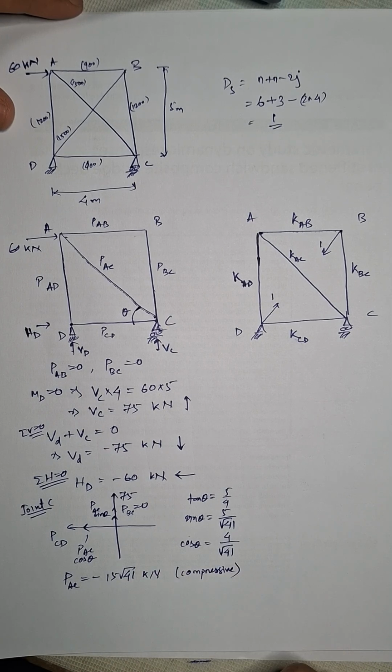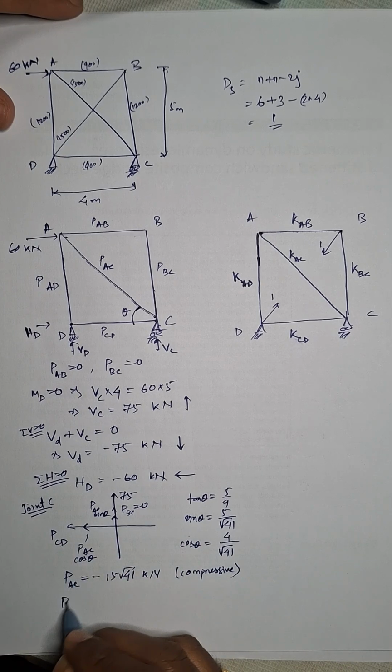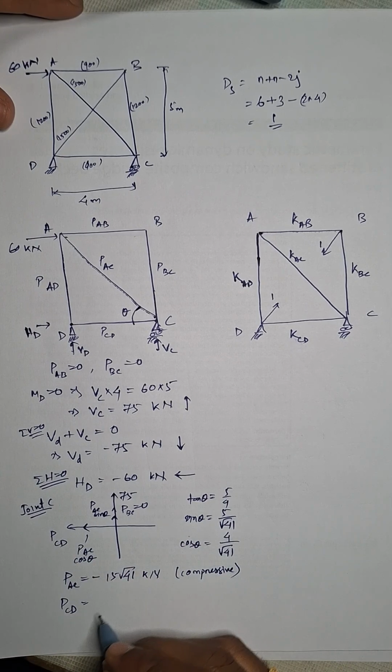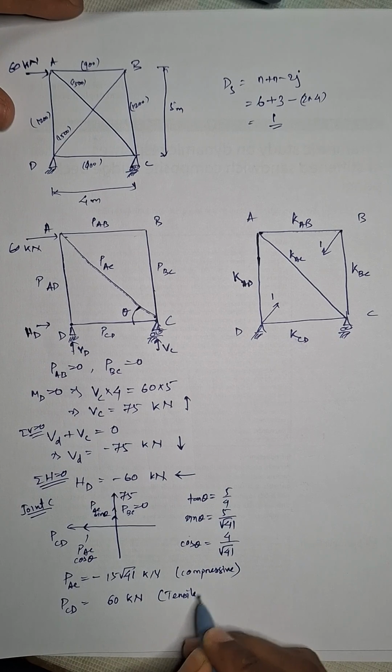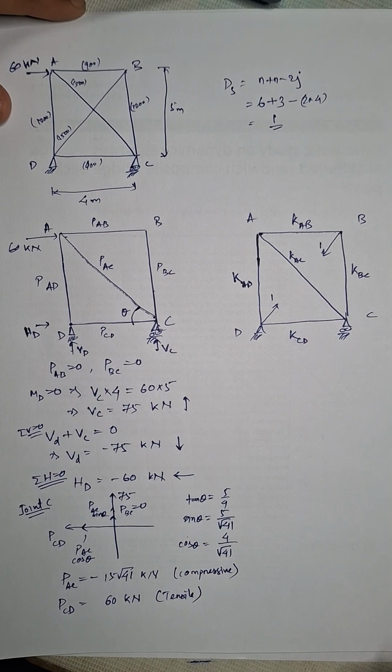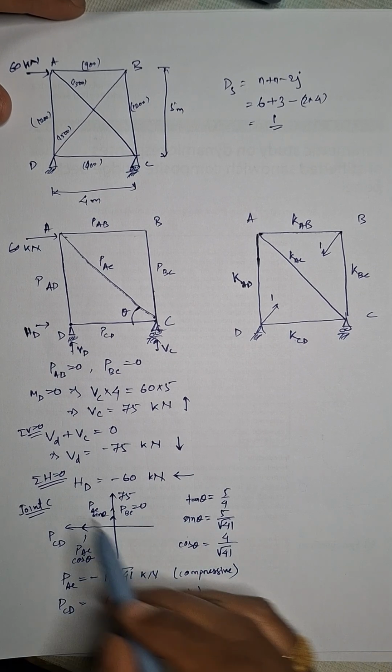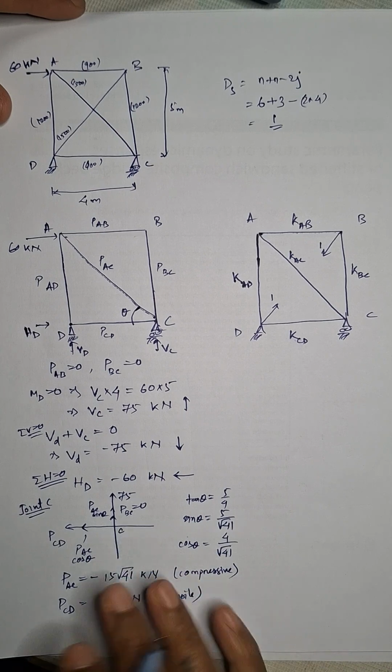And we get PCD as 60 kilonewton, which is tensile in nature. Now by considering joint C, we got this.